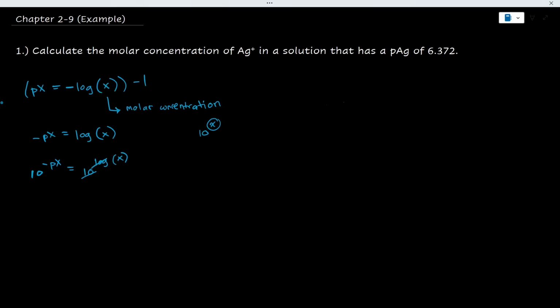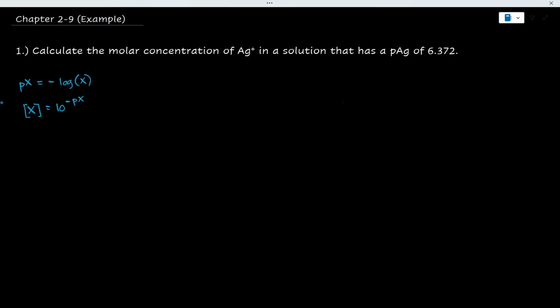Thus, finding the molar concentration x is simply 10 to the negative px equals x. This will be the formula that we will follow during this problem walkthrough, because we will be solving three problems following the same principle.